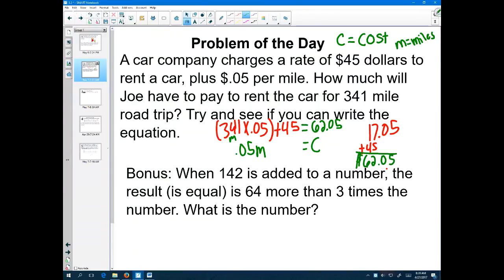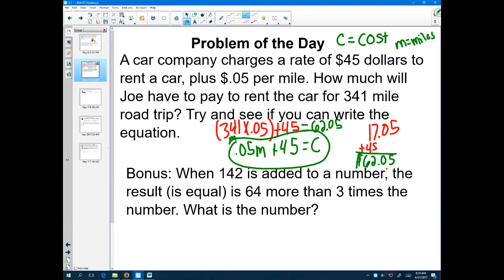Nope, because 341 would be the M. That'd be the miles. Plus 45. Okay, that's your equation you should have had. That one actually has a multiplication and an addition in it.